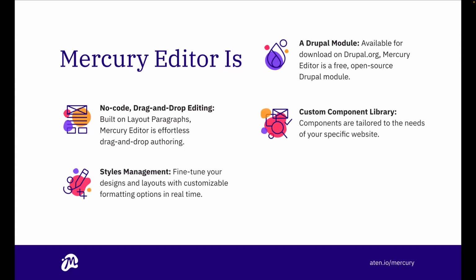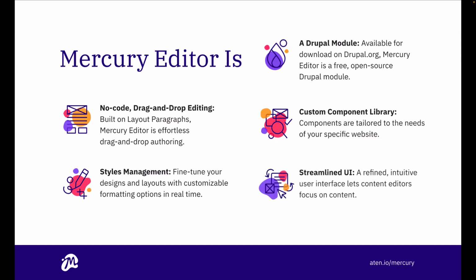But it uses Style Options for managing styles in a really centralized way with a single YAML file. So it moves all of your style options into one configuration file, so you're not having to spread that over lots of different fields for lots of different instances of entities, which can get pretty unwieldy if you've ever had to work with any of that. And it provides a highly streamlined UI for doing all of this.